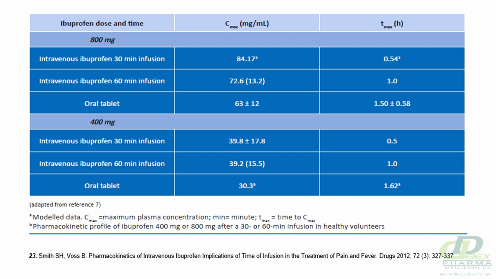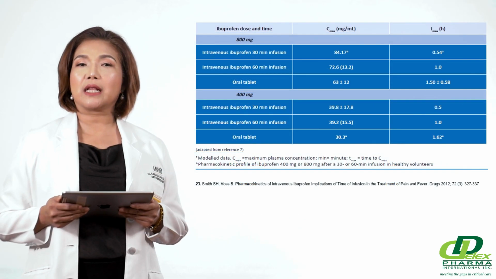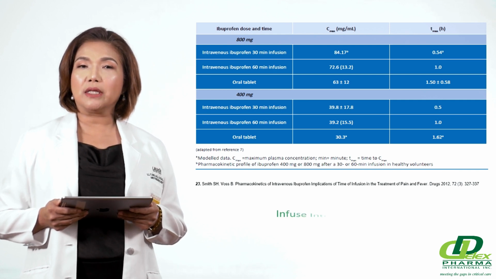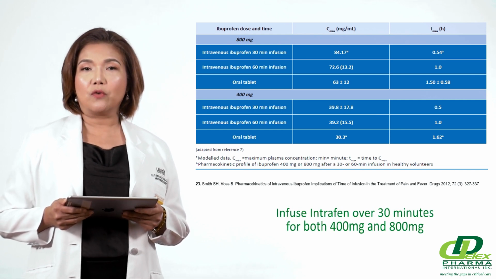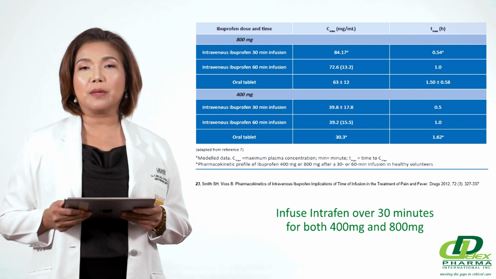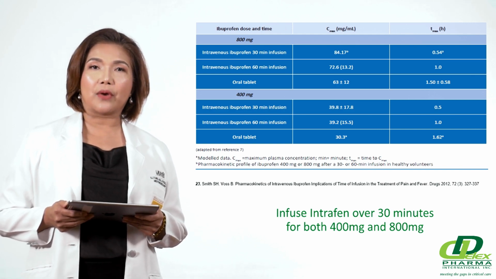The data reveal that Cmax decreases considerably as the length of the infusion increases, and that an oral dose is not able to achieve the Cmax level of any of the intravenous doses. So, the longer you infuse ibuprofen, the lower the Cmax level is. It is more ideal to infuse Intrafen over 30 minutes for both 400 milligrams and 800 milligrams.